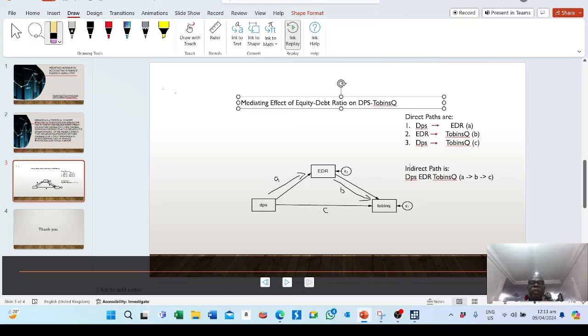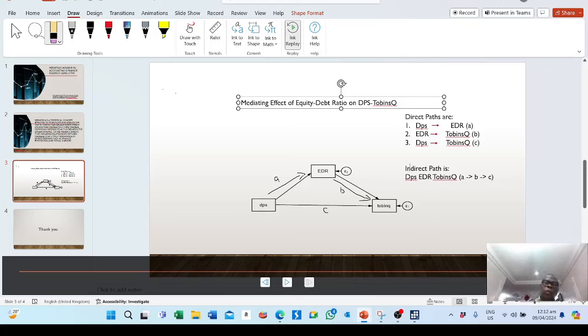That is, we are trying to check the mediating role of EDR, the mediating role of leverage proxied by equity debt ratio. Is dividend per share able to garner some indirect impacts on TobinsQ? That is what mediation is about in finance.